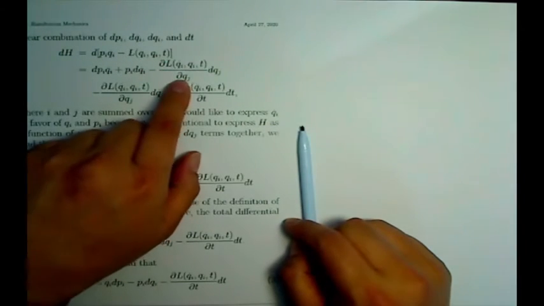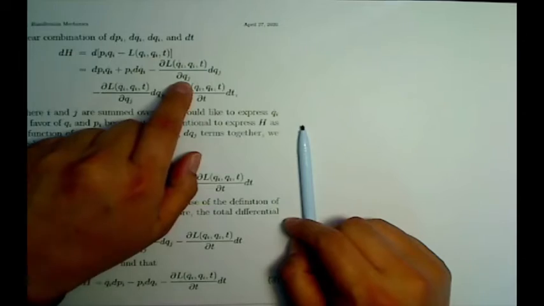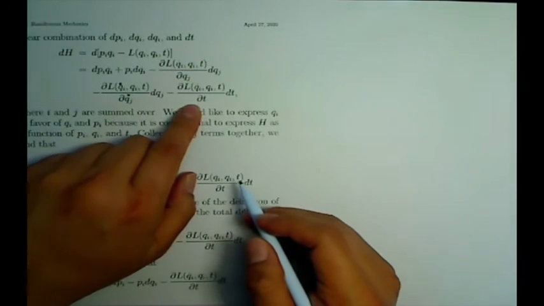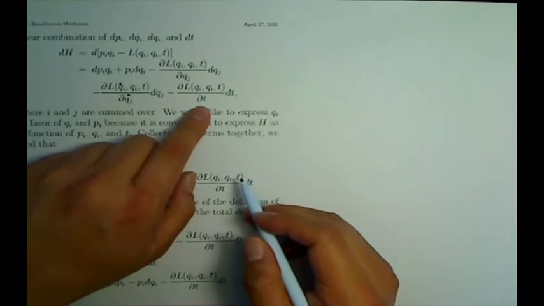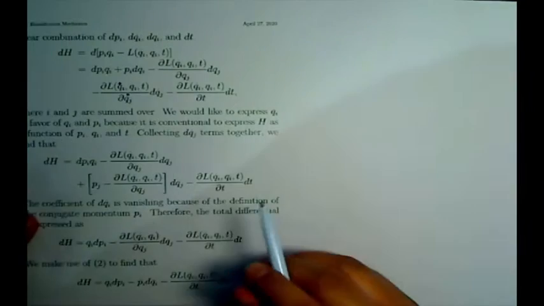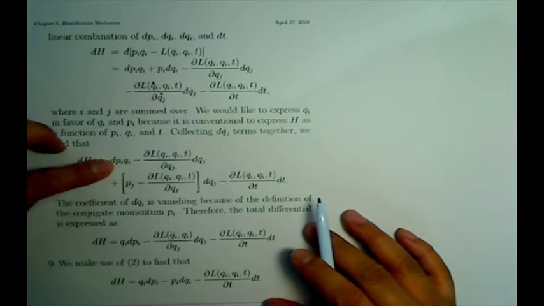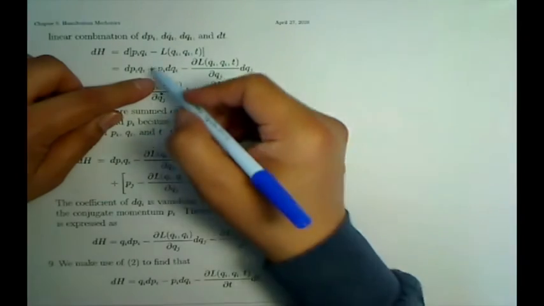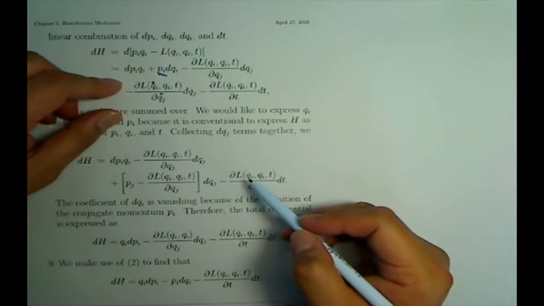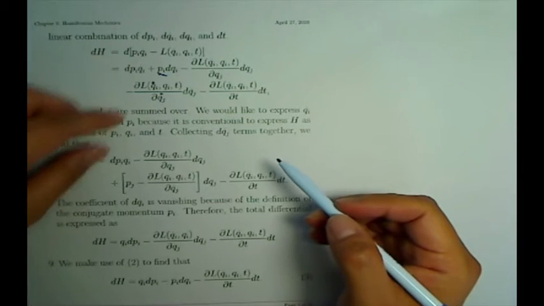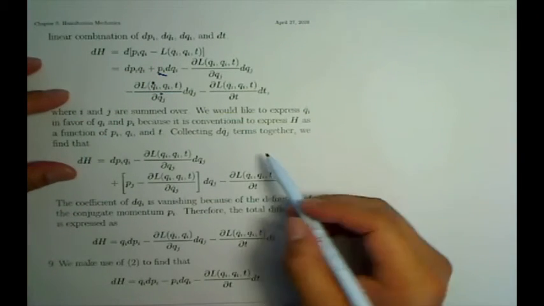Lagrangian's differential is through coordinate q, through velocity. And perhaps it may have some pure time dependence. And this one is copied in here. As we know, pi is the conjugate momentum.